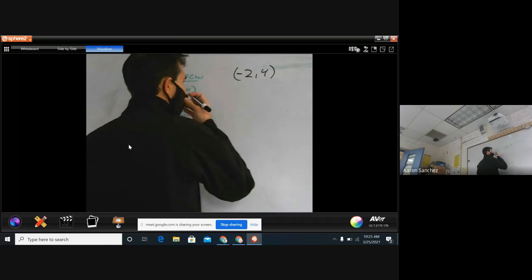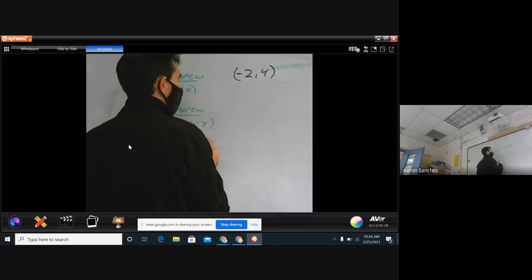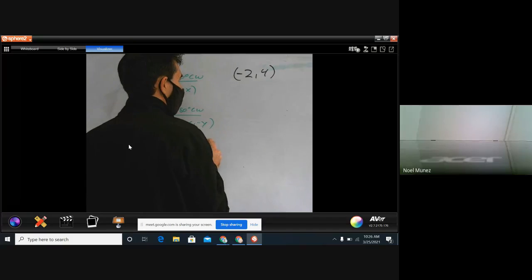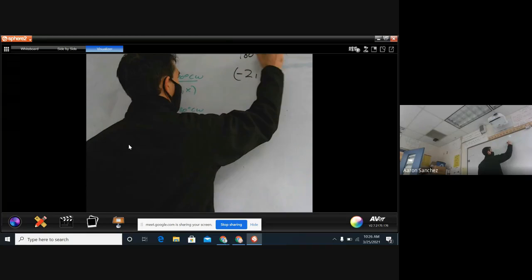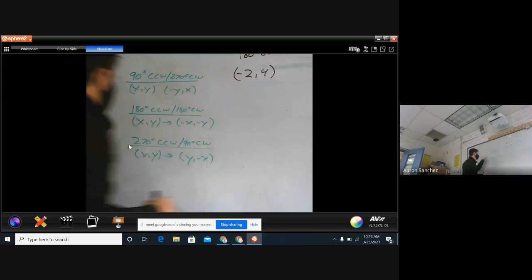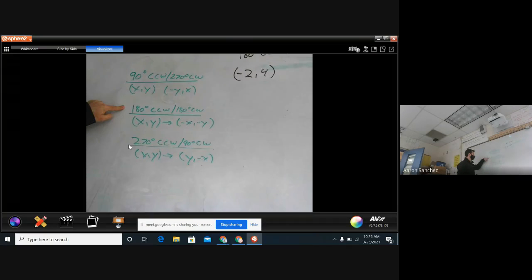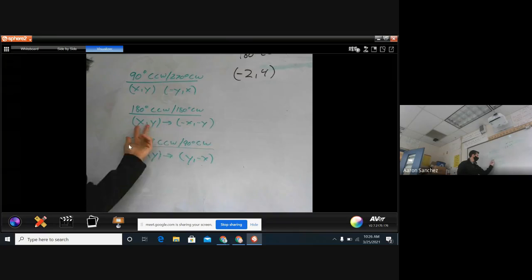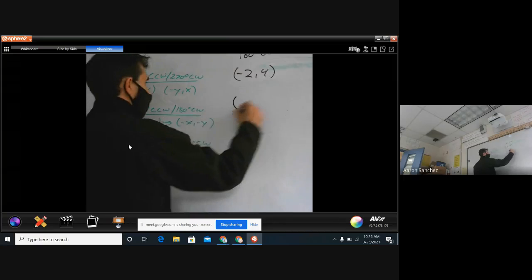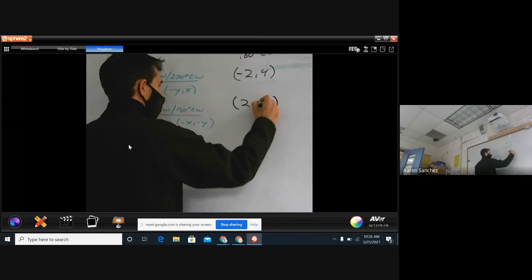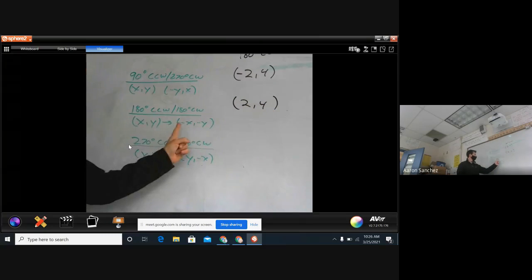Okay, what am I rotating? 180 counterclockwise. Okay, 180 is the easiest, I think. Counterclockwise and clockwise are the same for 180. Notice that x and y stay in the same positions. So I got 2 and 4. Now, remember, the negative means it changes.